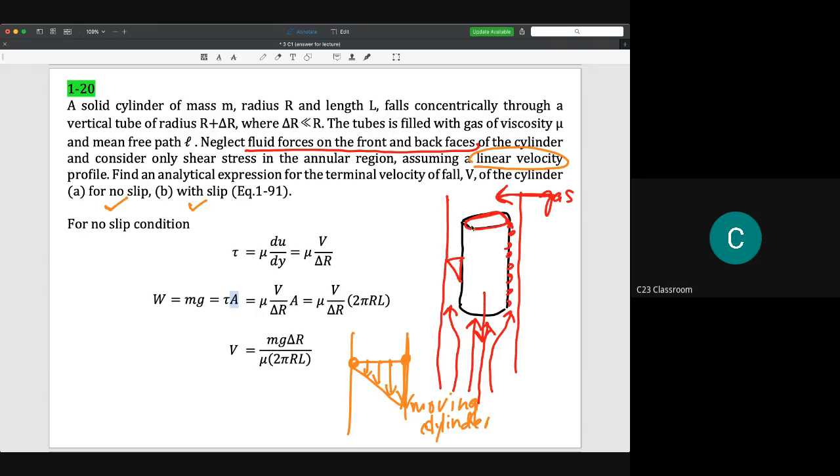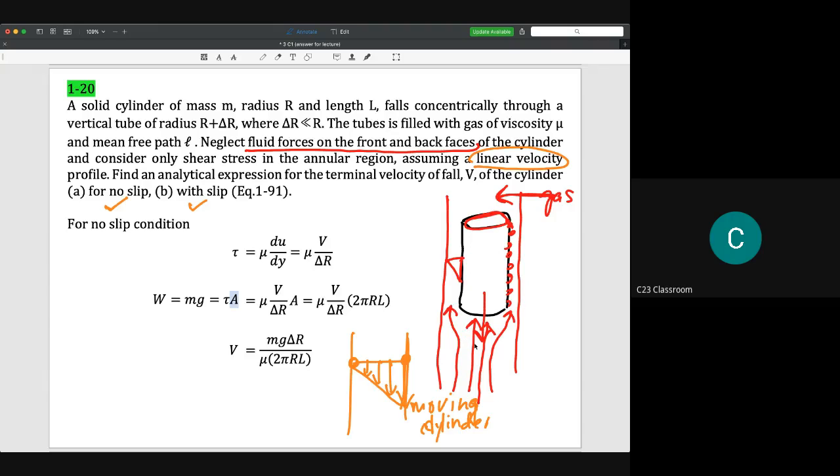You must be alert that you need to calculate the shear stress with the area of the moving parts. So we get the area here as 2 pi RL, where R is the radius of this cylinder.